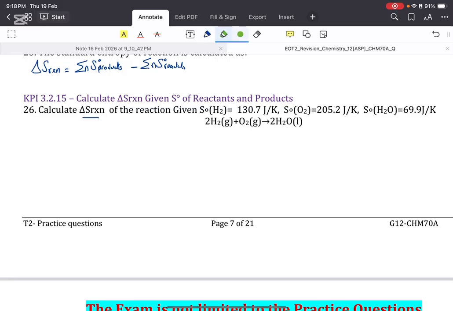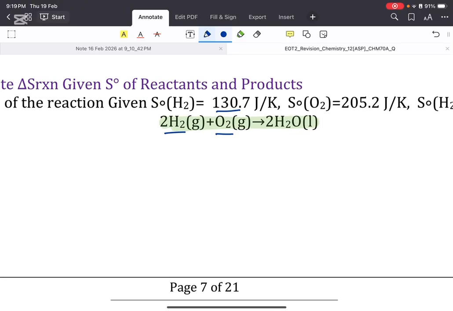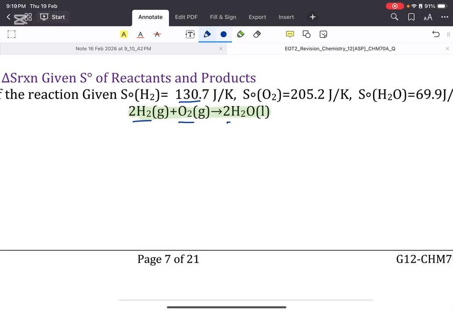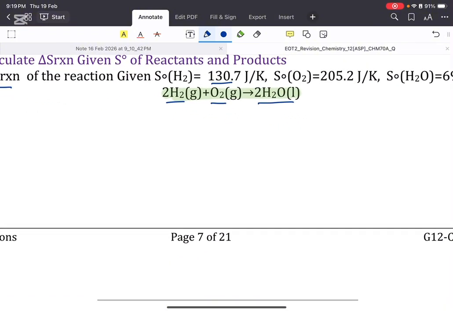Here I have this equation. Over here, they're giving me the entropy of hydrogen, the entropy of oxygen, and the entropy of water. I'm going to give you a very simple way to get this done.